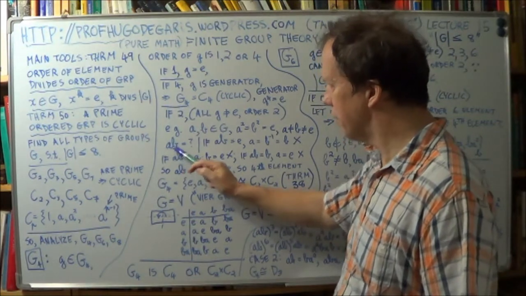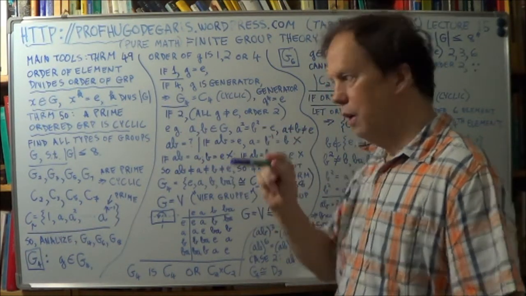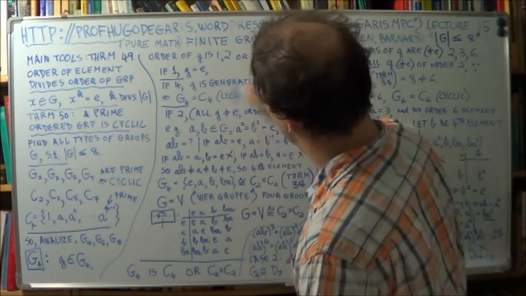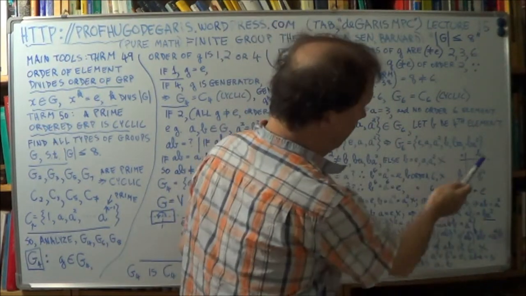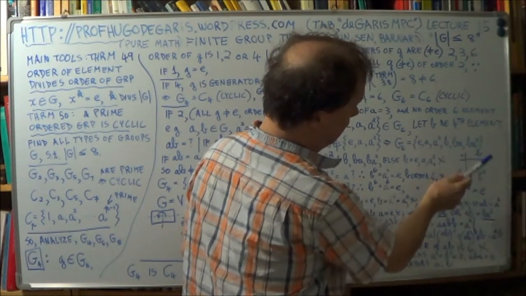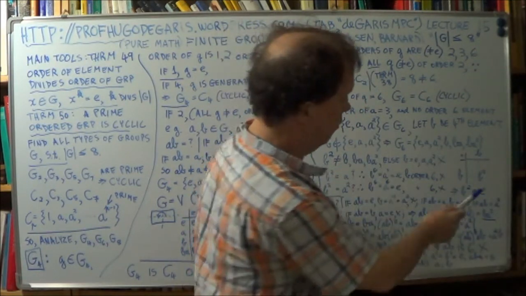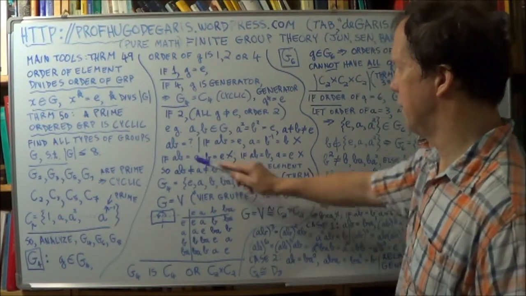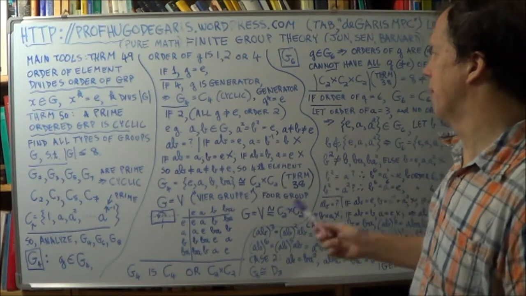So AB will be a member of this group. But what's it equal to? Say here's your group table, and you had A here and B here. In the group table you would have AB, and we're trying to find what AB is equal to. We don't know yet. So AB is question mark, right?